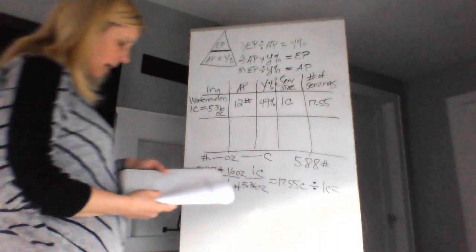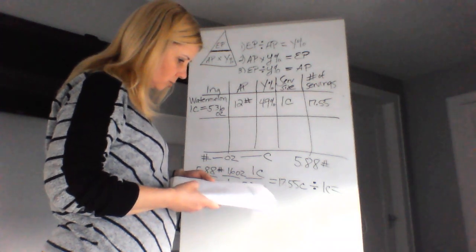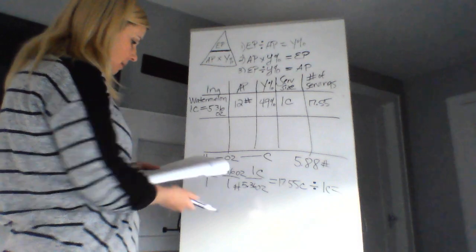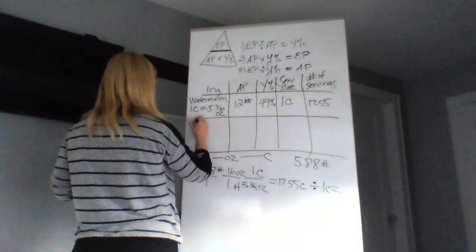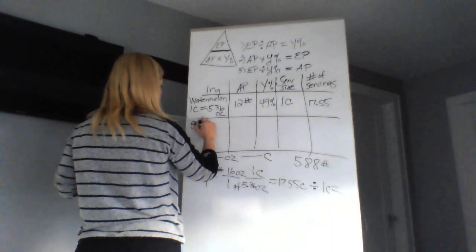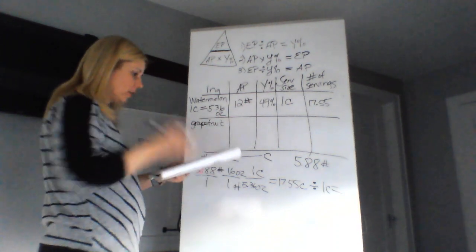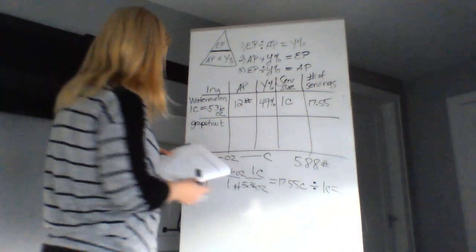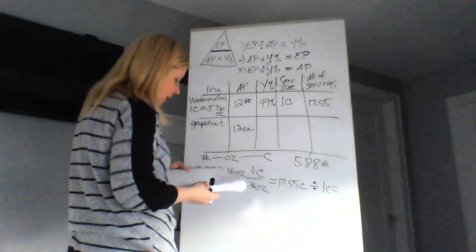Let's do one more together. Let's look at grapefruit again, okay? So we'll stick to fruit. So grapefruit, and it tells us nothing about grapefruit, but it says that our AP quantity is 12 eaches, right?